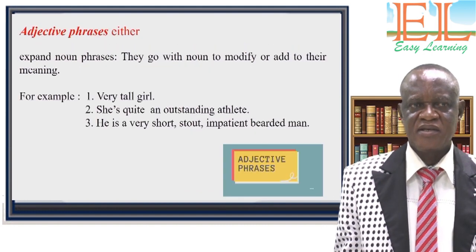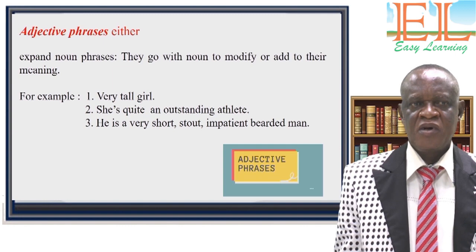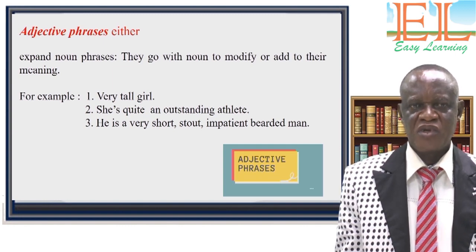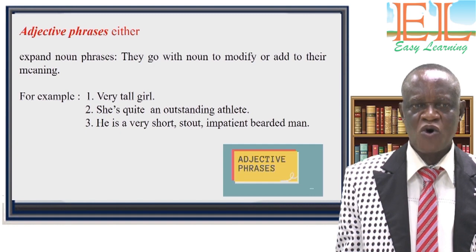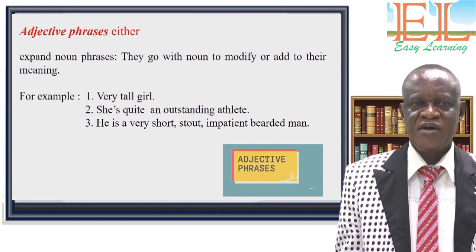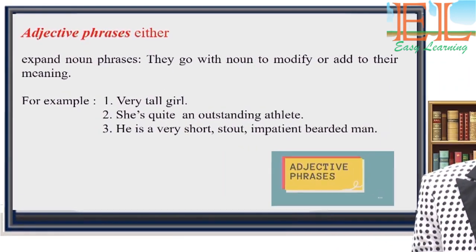Let's look at some functions of the adjective. Adjectives expand noun phrases. They go with nouns to modify or add to their meaning. For example, very tall girl. We are talking about a very tall girl and not a very short girl.